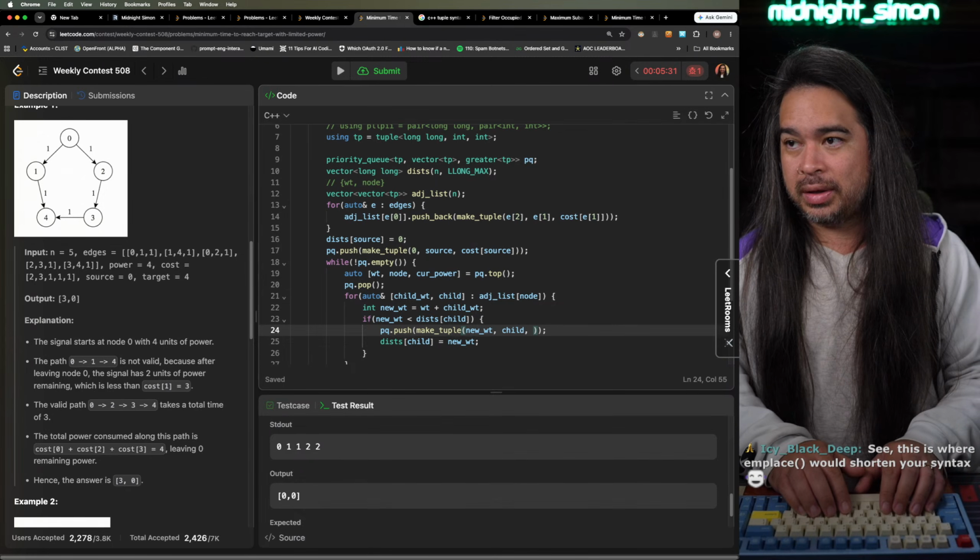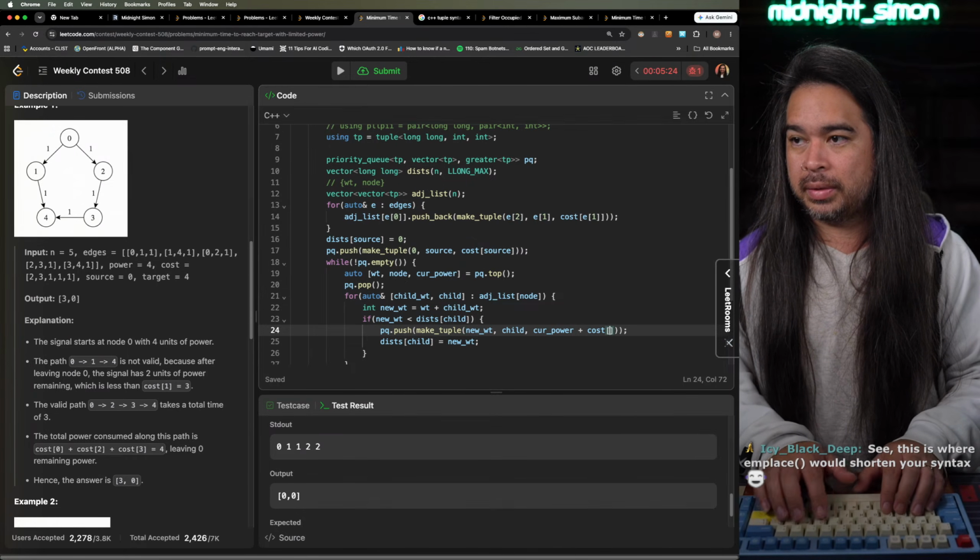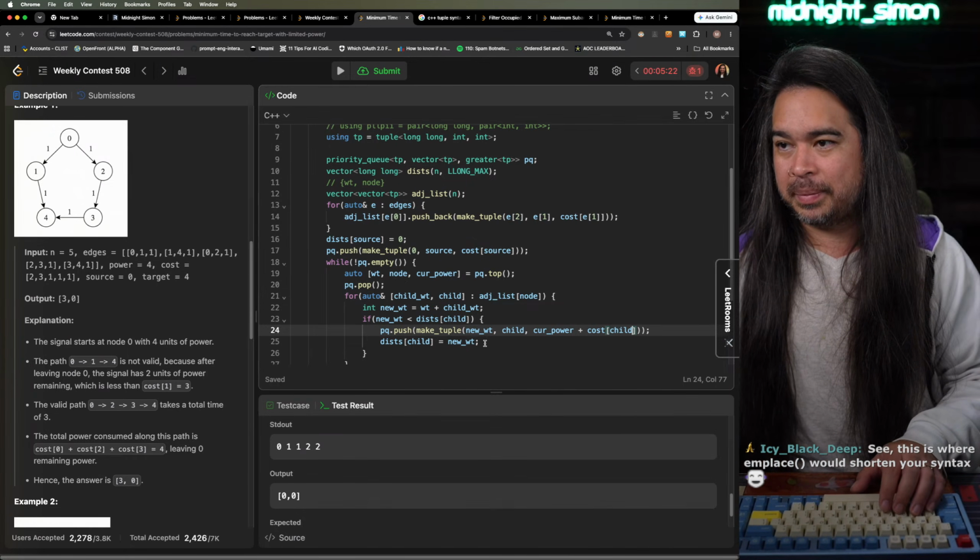Child, and then the new power that we use here would be something like that.